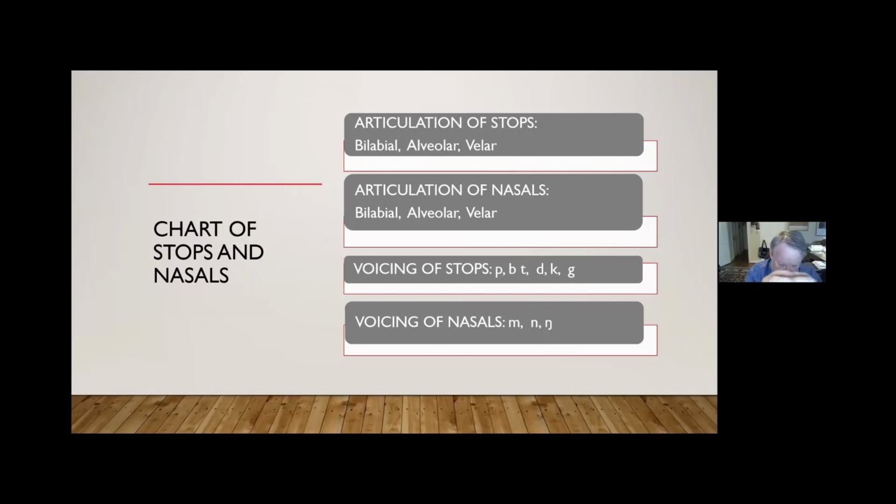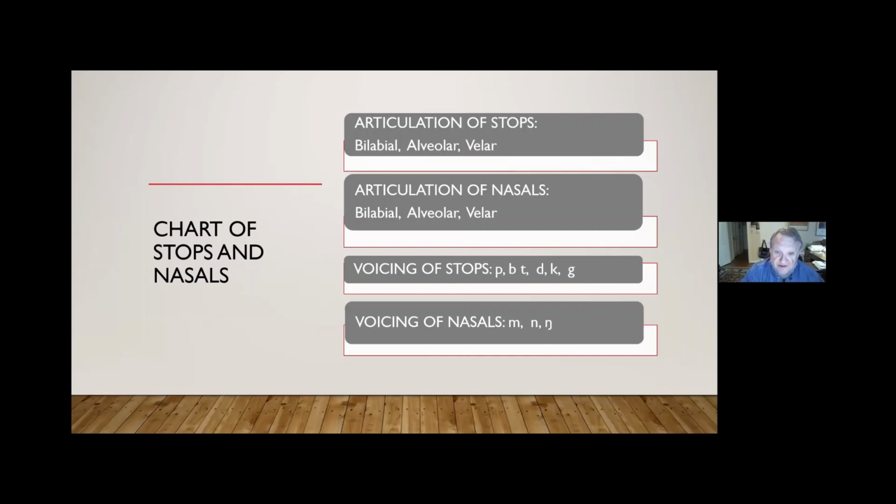A nasal is a stop, but instead of completely stopping the air, as we do with p, t, k, or pot, tot, and cot, when we do a nasal, we stop the air in the mouth, but we let the air go through the nose, creating a nasal sound, which is added to the stop articulation.